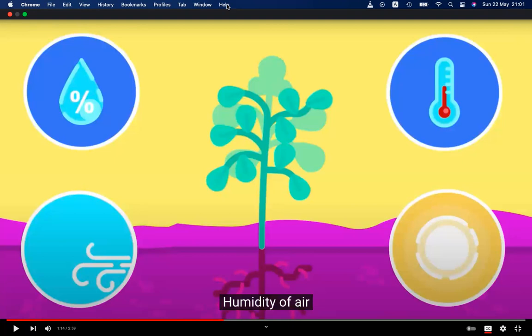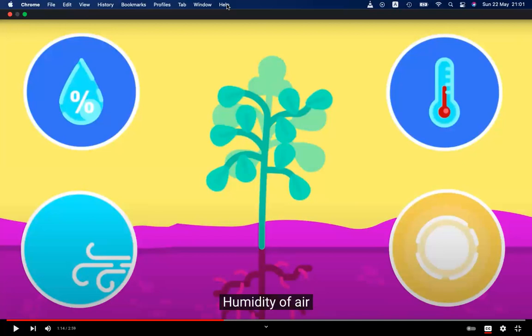So as a result, we will feel thirsty and we will feel dry. Right? When the humidity is low due to this air conditioned environment, what will happen? It will absorb water from our skin also.